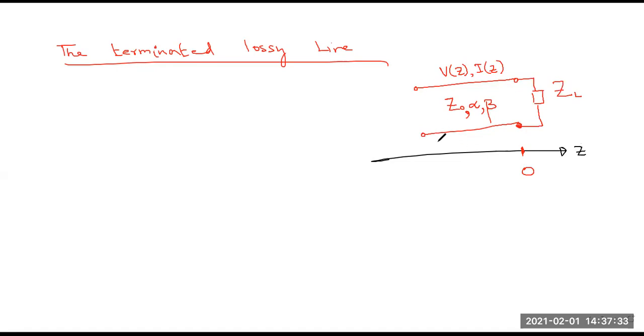And if transmission line length is, let's say l, small l is the symbol that I'm using for representing the length of the transmission line. So at this point, which is kind of an input, at this position, we know that Z will be equal to minus l. And this is the point at which we will connect our source or generator. So how much impedance will be there, we will represent it with Zin.